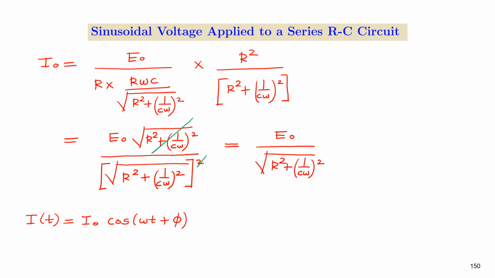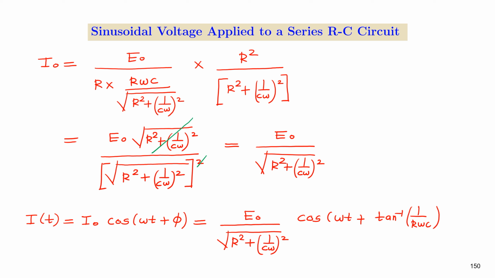We have found out I0 and phi, and therefore I(t), the instantaneous current in the circuit, is given by E0 divided by square root of R square plus (1 by C omega) the whole square, then cos of (omega t plus phi), where phi is tan inverse of 1 by R omega c. So this is the expression for the instantaneous current in the circuit.